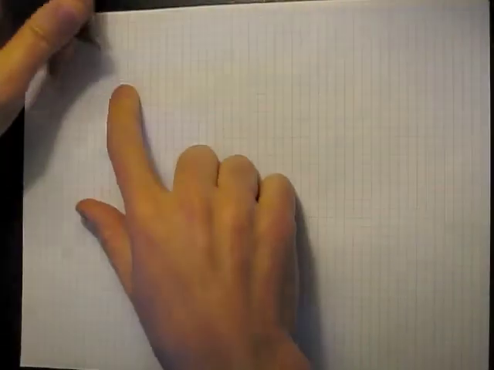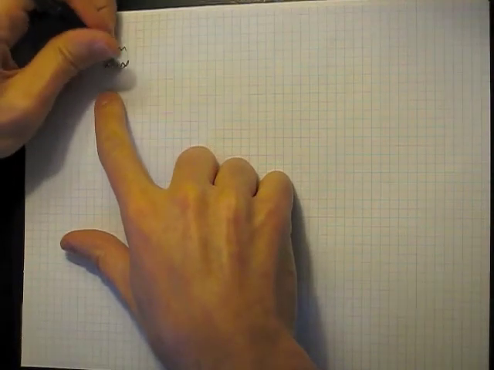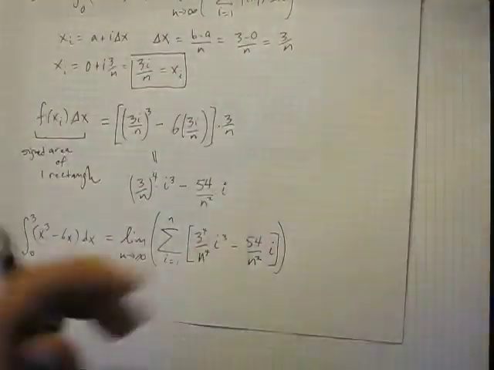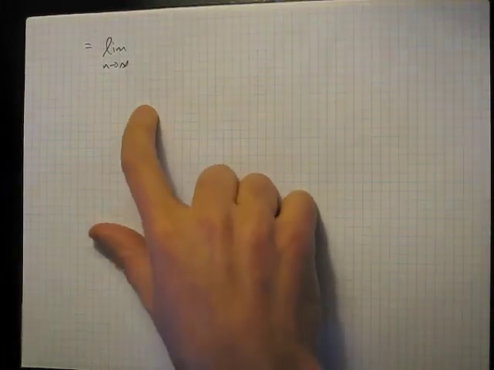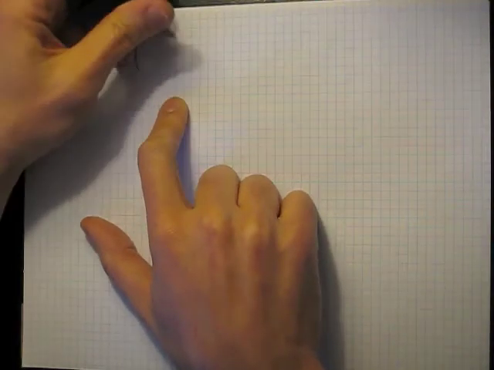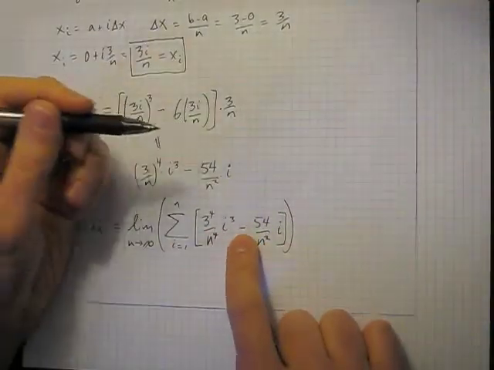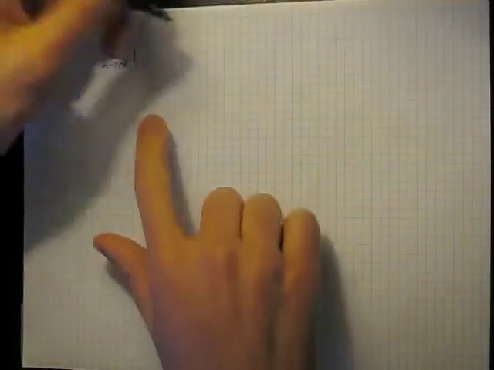We have, equal, so this is the limit as n goes to infinity. All I want to do is simplify what was in here. So we get the sum. First things first, if we take a look, this is a difference of two terms, so we can split that into two separate sums.